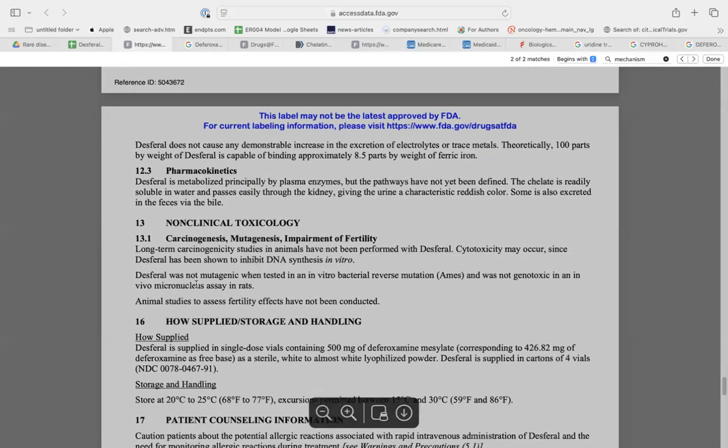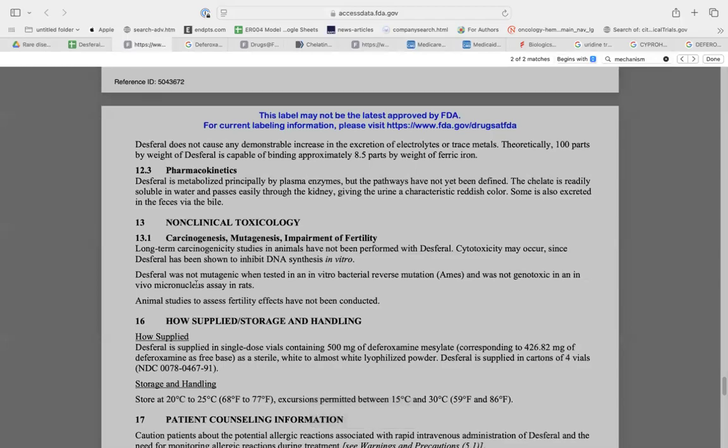And PK, you can also get from the FDA label.